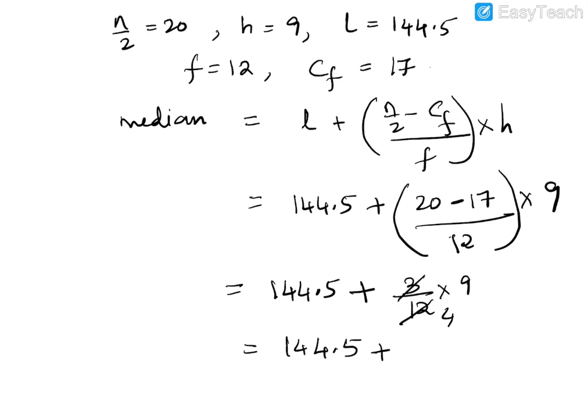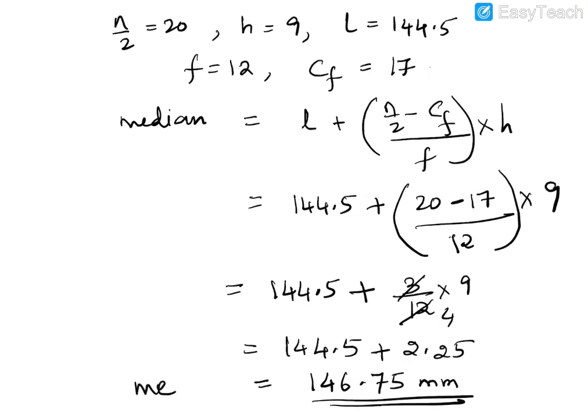Nine upon 4 in decimal is 2.25. So adding these two numbers, we get 146.75 millimeters. So this is the median length of the leaves.